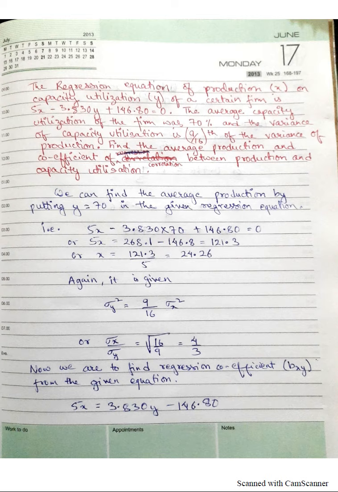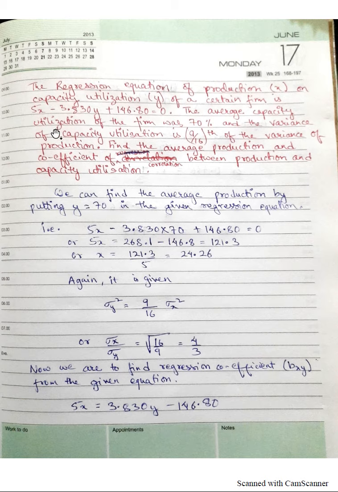Now let's see this question, what it tries to say. The regression equation of production x on capacity utilization y of a certain firm is 5x minus 3.830y plus 146.80 is equal to 0.